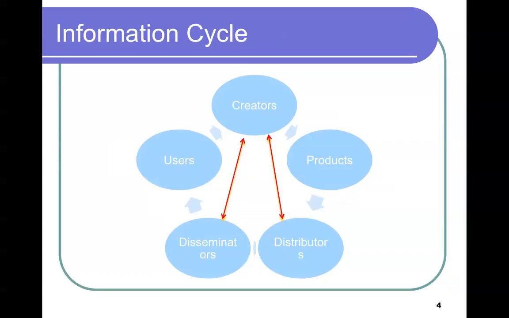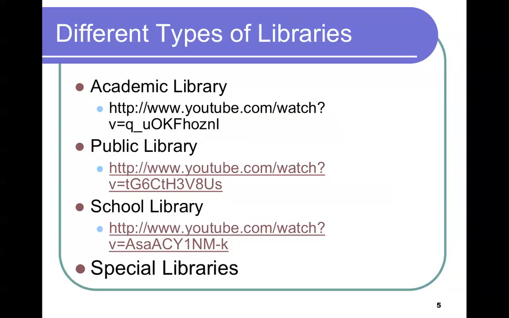At the final end of this information cycle, the users, the patrons, and their needs turn into the new creators, and creators try to fulfill those new patron needs, producing new products and starting a new cycle. So that's about the people involved.